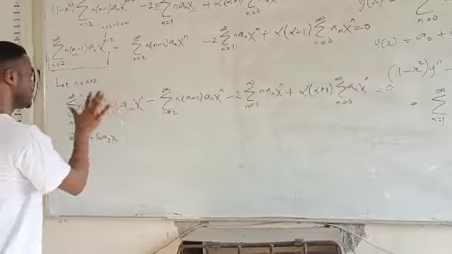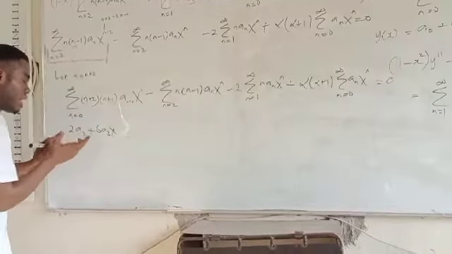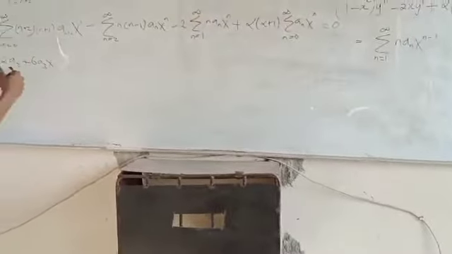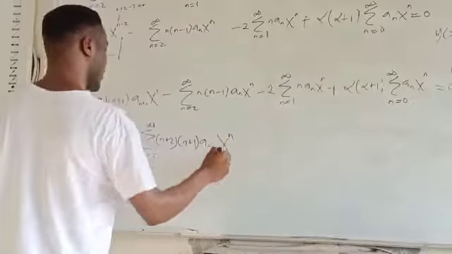Since we have achieved our first terms, when n is equal to 0 and when n is equal to 1, we can comfortably say, instead of writing the next term which is n equals 2, I can start the series from n equals 2 to infinity of (n plus 2)(n plus 1), a subscript n plus 2, x raised to the power of n.